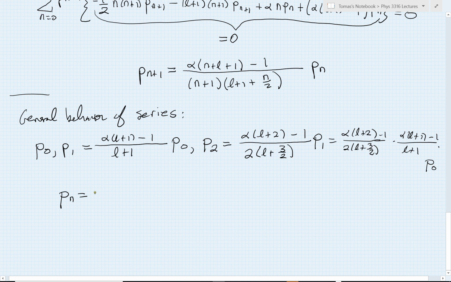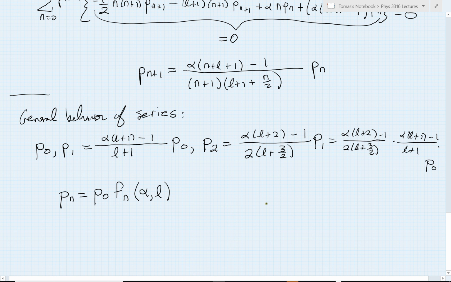So I could factor out that P0, and then the remaining pieces are very complicated factors. They depend on n, which p I'm trying to generate, some crazy function that depends on n, and the function itself just depends upon our parameters, alpha, which is this key parameter related to the energy, and the angular momentum label L.